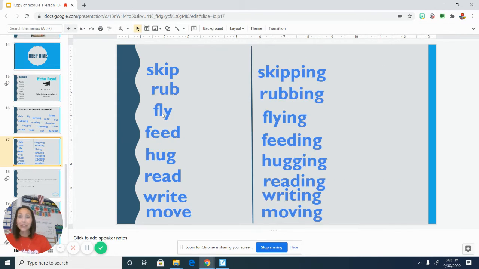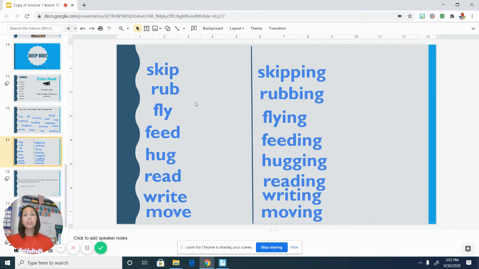All right. So you can see here on this list, I've separated the words between what we call their root word, like skip, and then the word with the ending ing at the end. So skip, you could say I like to skip in the park. But if you said I am skipping in the park, you're talking about it happening right now, while it's happening, while it's going on.